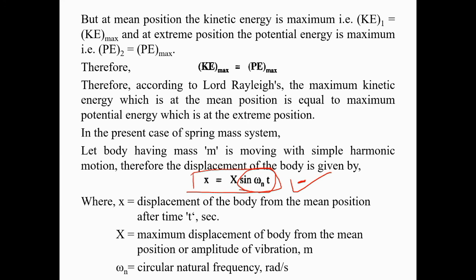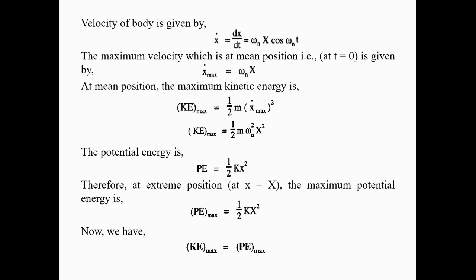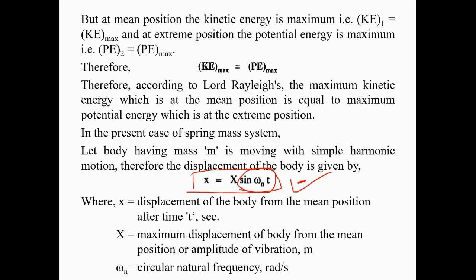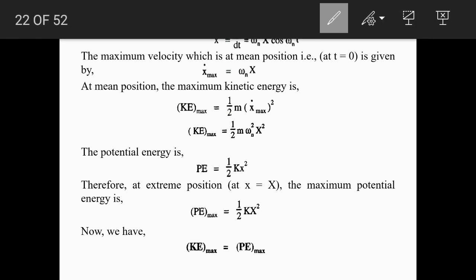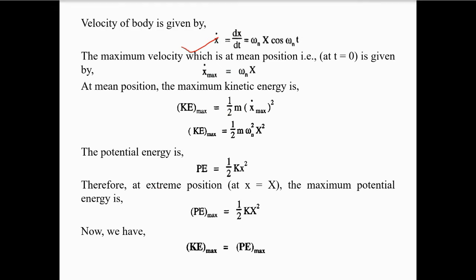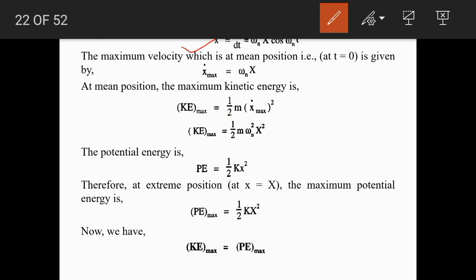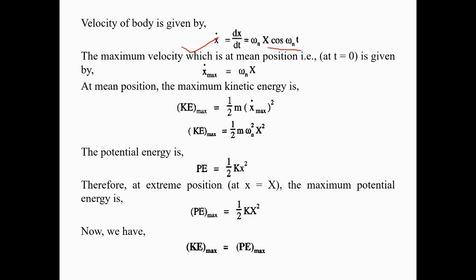Okay, now using this equation we can get velocity by simply differentiating with respect to time. By taking the first order differential we get x dot is equal to omega n X cos omega n t. From the equation of velocity of a body x dot, we can see that it would get maximum when this cos term, cos omega n t, gets maximum.